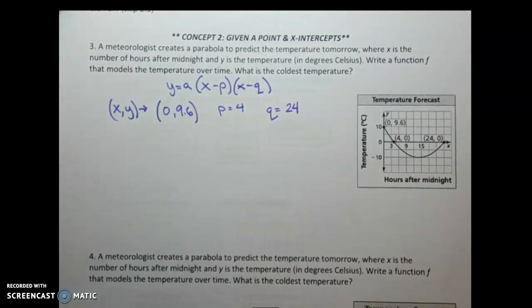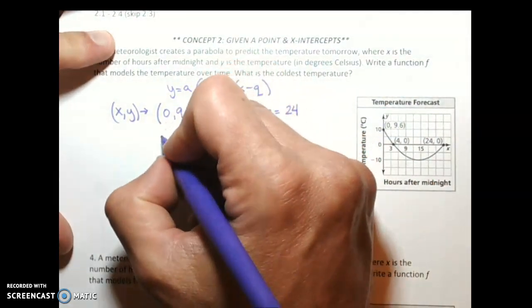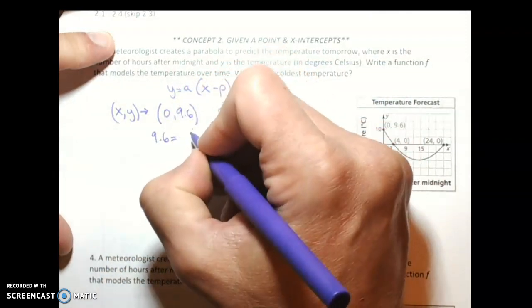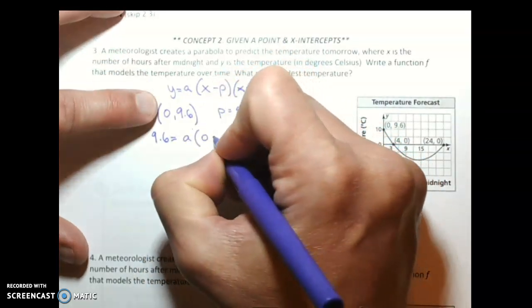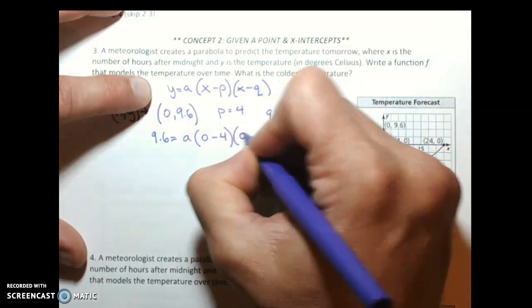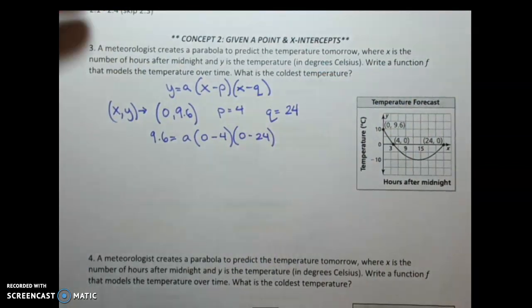Alright, so I'm going to plug all these in and then solve for A again. So I have 9.6 equals A times 0 minus 4. And then x is again 0 minus q, which is 24. Alright, and now solve.